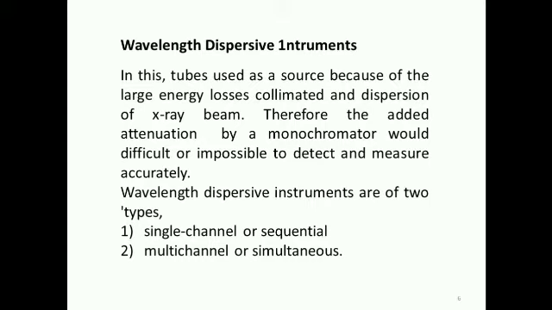In these, tubes are used as a source because of the large energy losses in collimated and dispersion of the X-ray beam. Therefore, the added attenuation means the loss of the signal or spectrum by the monochromator would be difficult or impossible to detect and measure accurately. Wavelength dispersive instruments are of two types: single channel or sequential, and multi-channel or simultaneous.